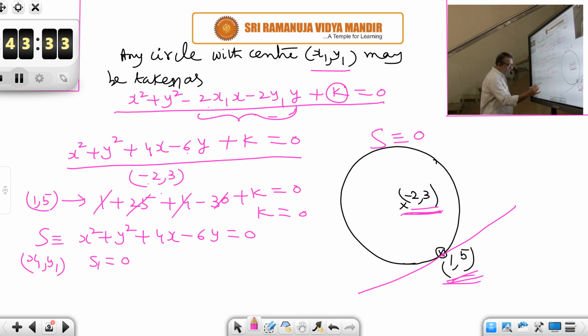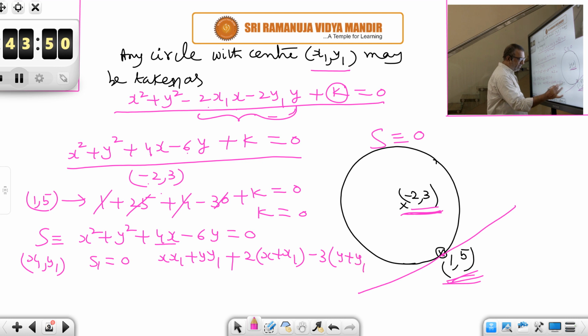What is S1? xx1 plus yy1 plus g into x plus x1, where 2g is 4 so g is 2, plus f into y plus y1, where 2f is minus 6 so f is minus 3, is equal to 0. But our point x1, y1 is 1 comma 5.